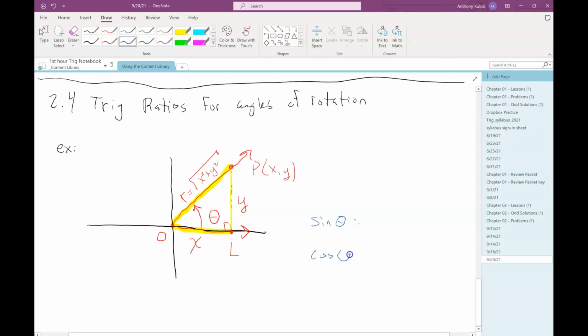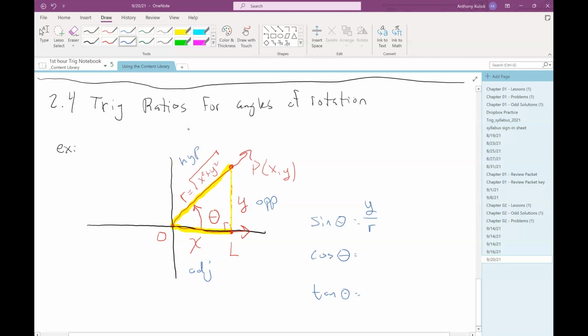Okay. So using this drawing then, I can now define my sine, cosine, and tangent in terms of x, y, and r. So sine theta is opposite over hypotenuse, right? So it's really the same thing as y over r. In this side, the opposite side is the y, the adjacent side is the x, and the hypotenuse is the r.